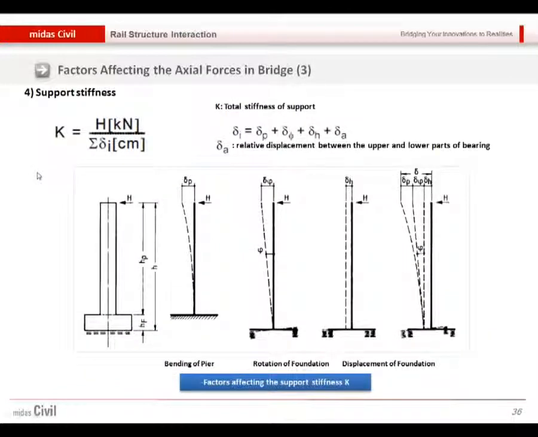The other factor will be the support stiffness. And as I showed you, we can model the pier using the beam element in the wizard, or we can even enter the support stiffness directly using the point spring support.